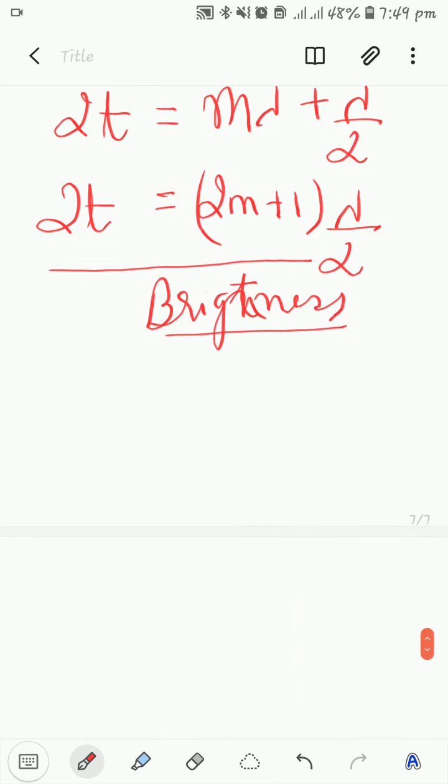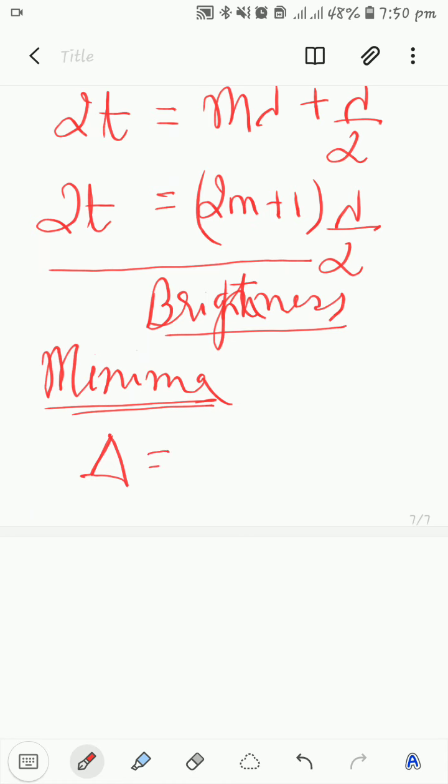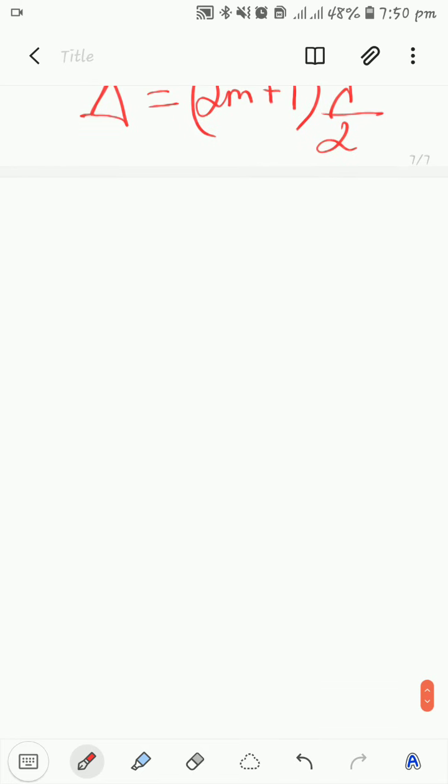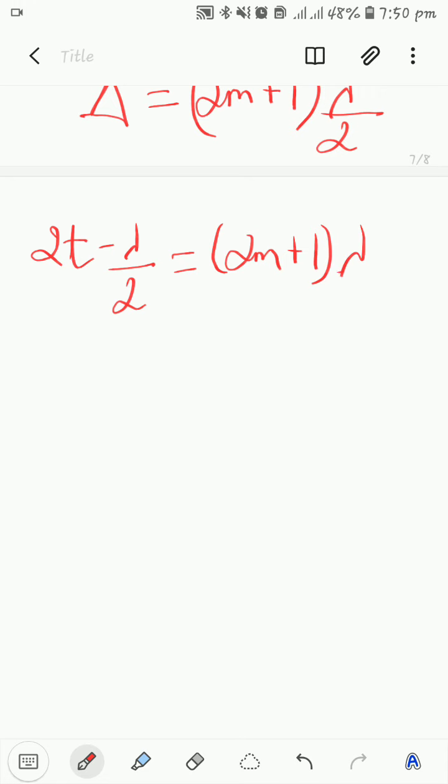Next is the condition of minima. We know that the normal condition for minima is delta is equal to twice m plus 1 into lambda by 2. We put in the value of delta: 2t minus lambda by 2 is equal to twice m plus 1 into lambda by 2.